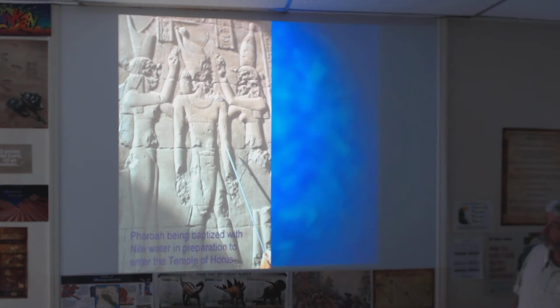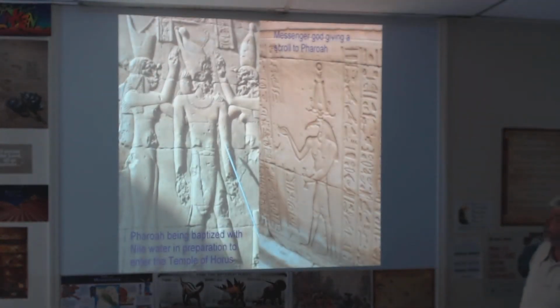at Edfu Temple. In this particular one, Pharaoh is being baptized with water from the Nile in preparation to enter the temple of Horus. So he'd be baptized before going into the temple. And here is the messenger God giving a scroll to Pharaoh. See the scroll in his hand.